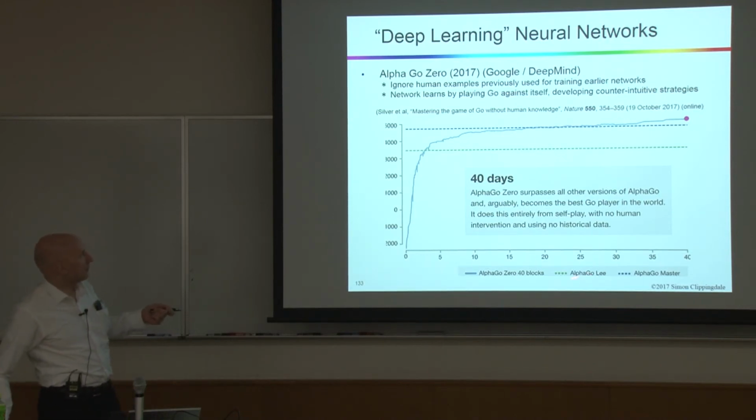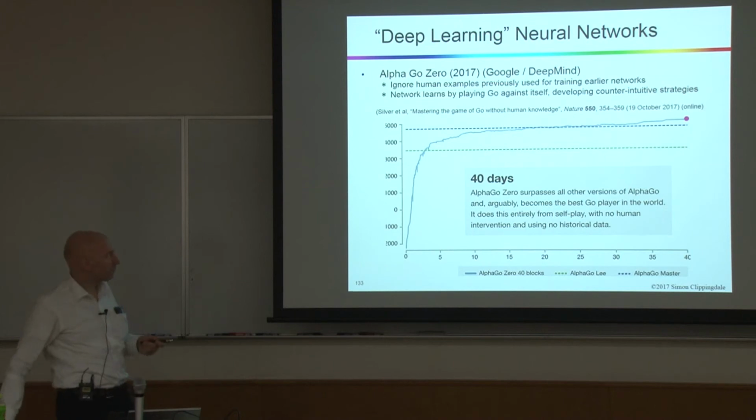Back here, the first one was AlphaGo, now it's known as AlphaGo Lee. And what they did was they trained these neural networks using examples of games previously played by human Go champions.